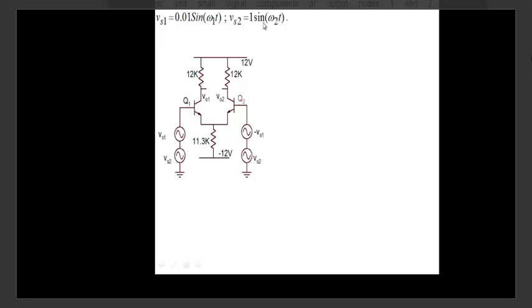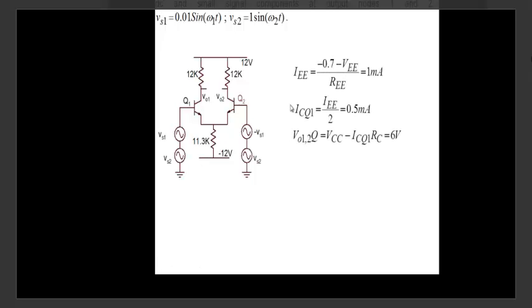Okay. All right. So here, it's a straightforward differential pair. We are given VS1, we are given VS2, we are given all the values here. So all that you have to do is, this is just learning the basic things here, calculating IEE. The first part is bias point analysis.